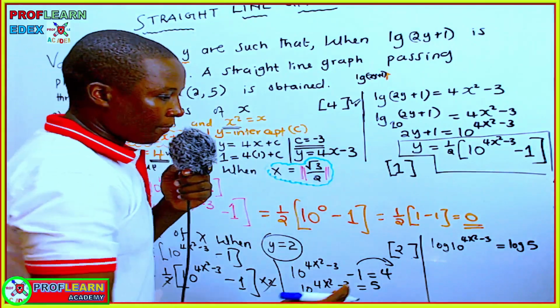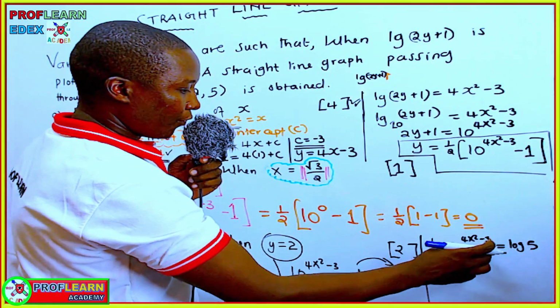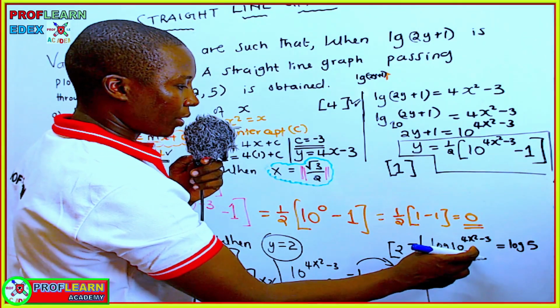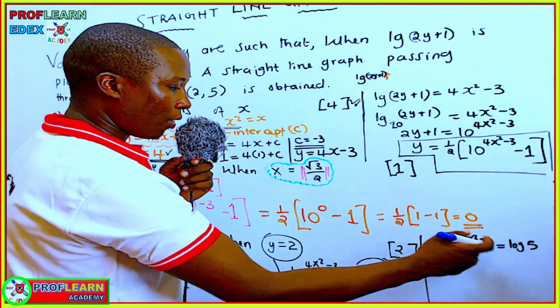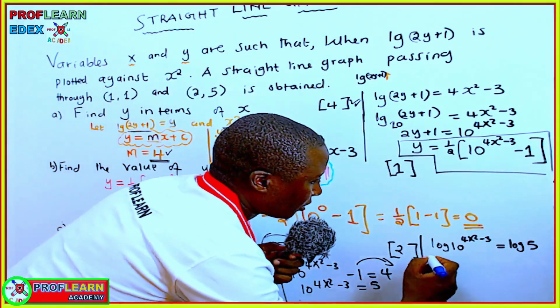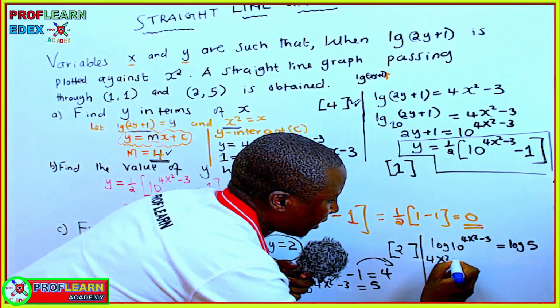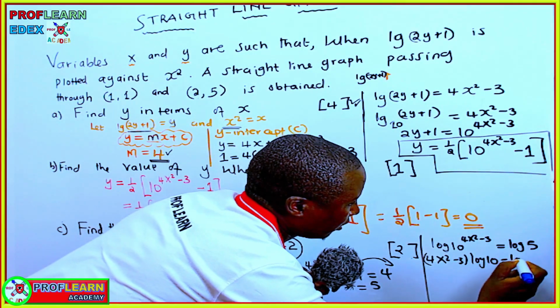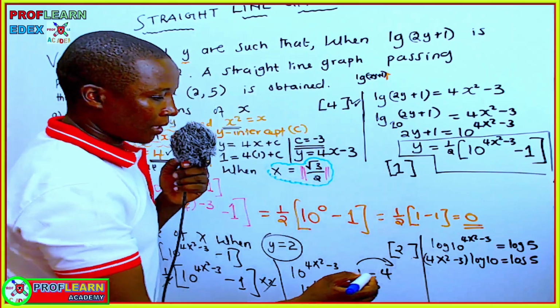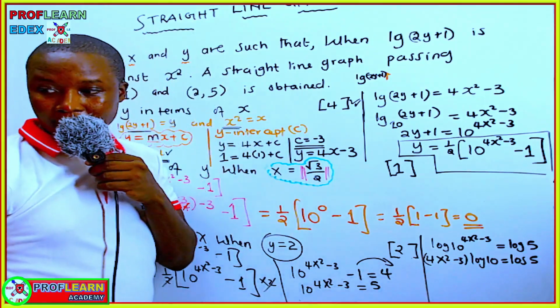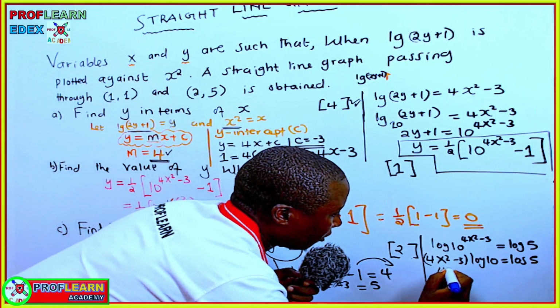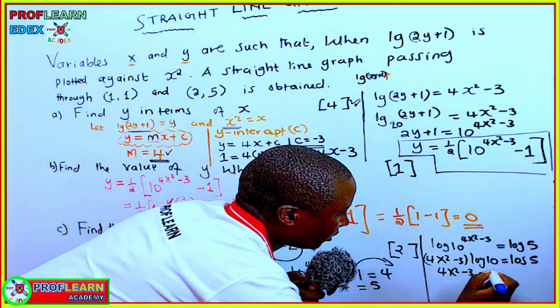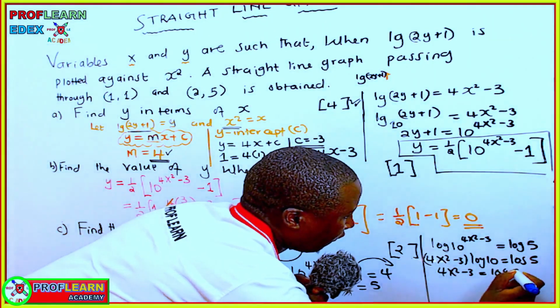With log, you can take the power in front of the log, so that we have 4x squared minus 3 log 10 equals log 5. But log 10 is actually 1. So we remain with 4x squared minus 3 is equal to log 5.